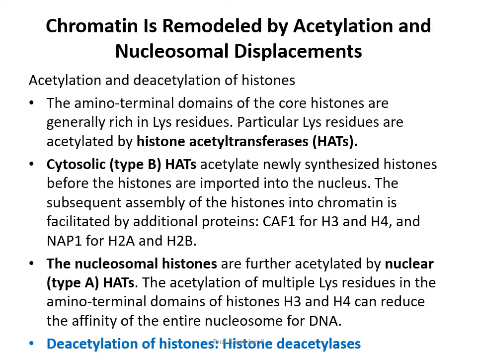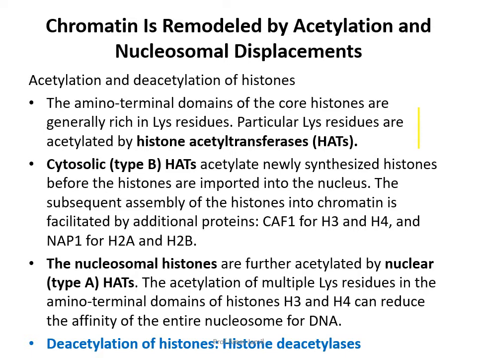Chromatin is remodeled by acetylation and nucleosomal displacements. Acetylation and deacetylation of histones is one of the major components of this chromatin activation for transcription. Amino terminal domains of the histones are generally rich in lysine residues, and these are acetylated by histone acetyltransferases, HATs.